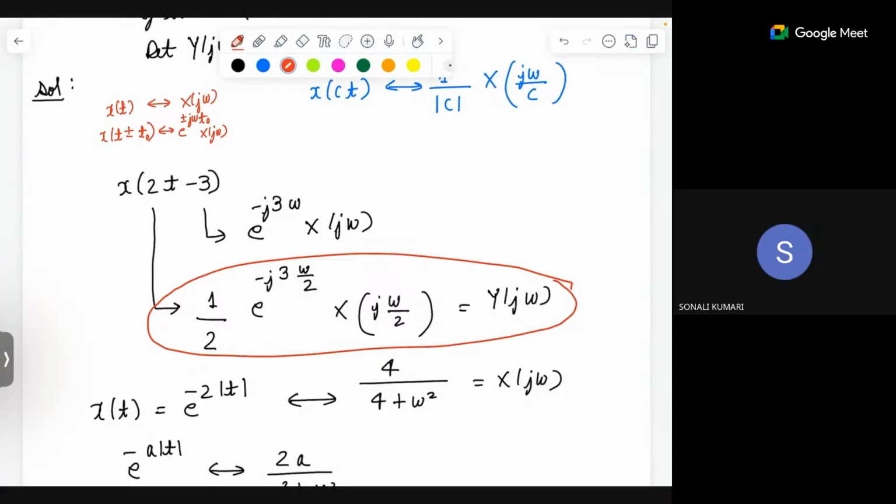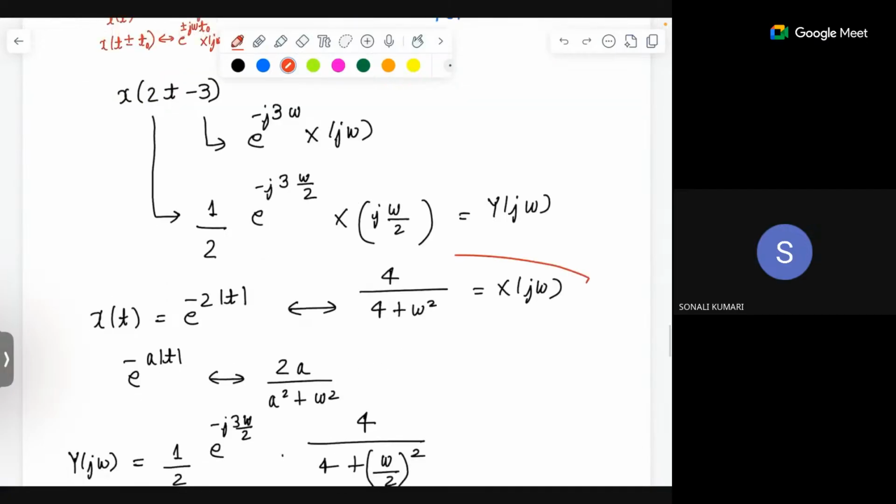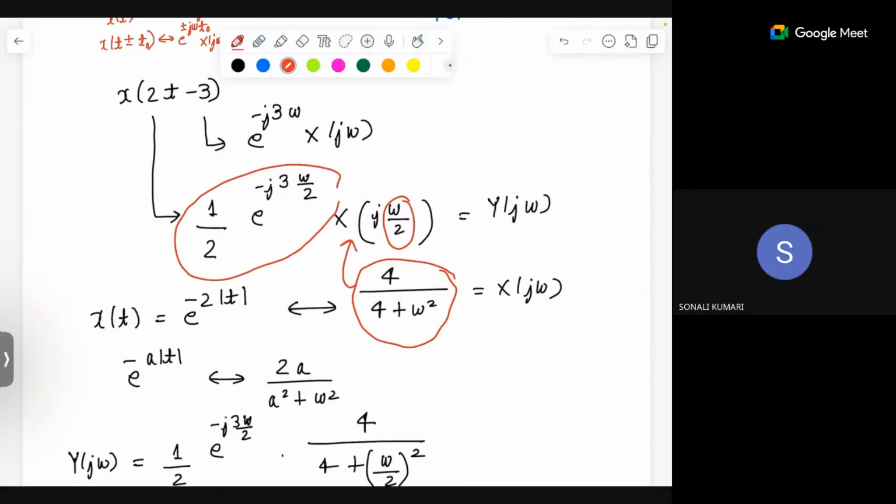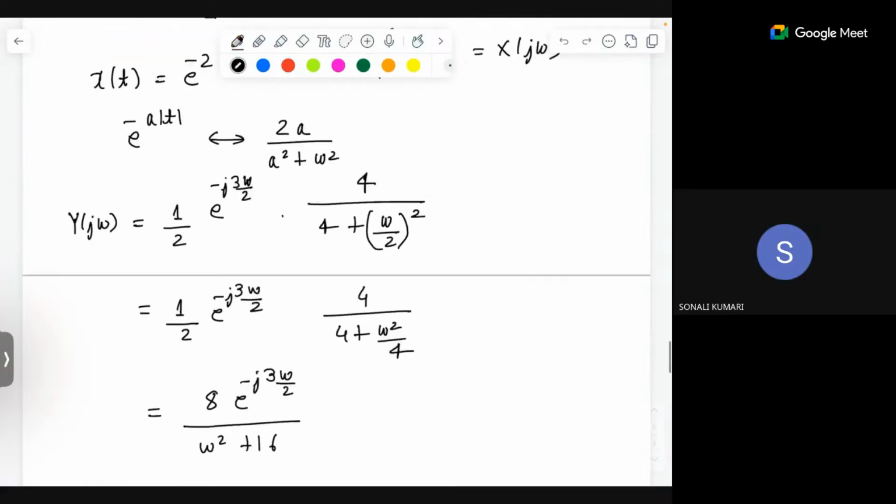Is this clear? We had this X of j omega from our calculation in the first question, so we just replaced omega by omega by 2 and added these factors. Clear now? Okay, let us move to the next question.